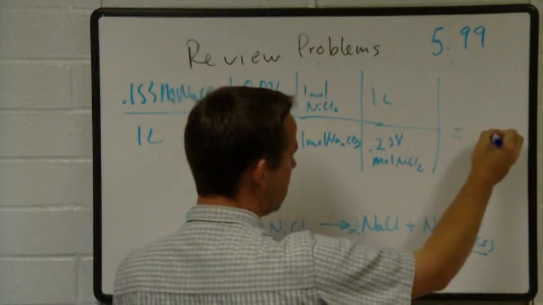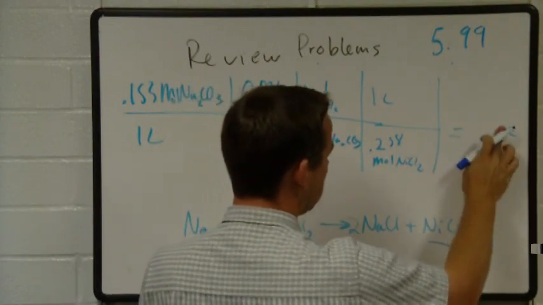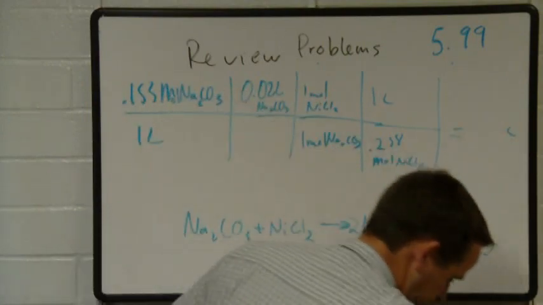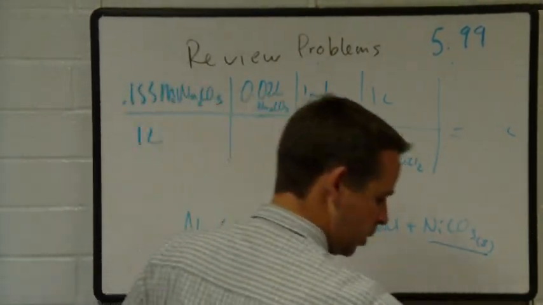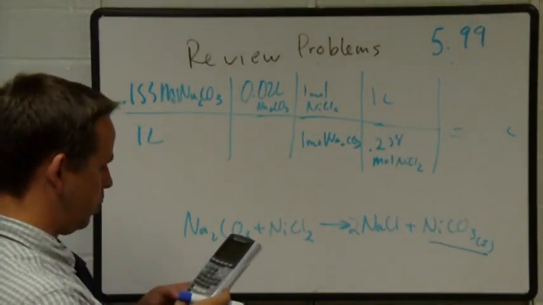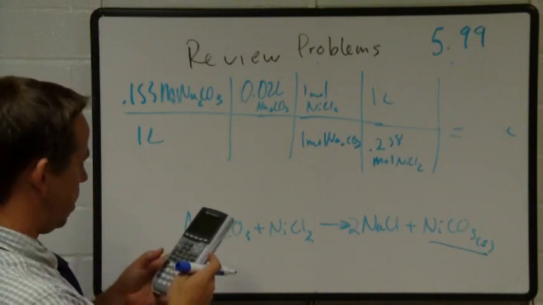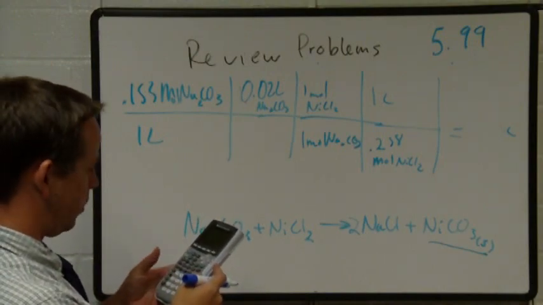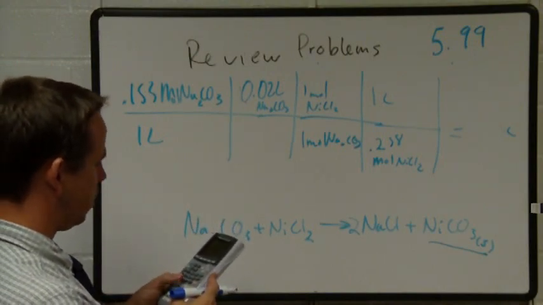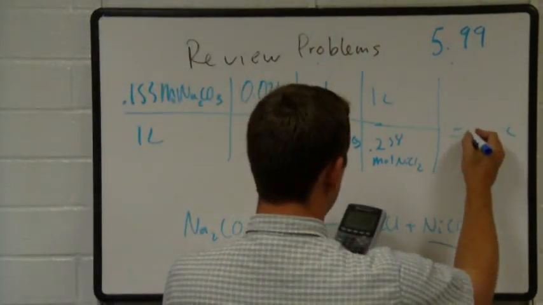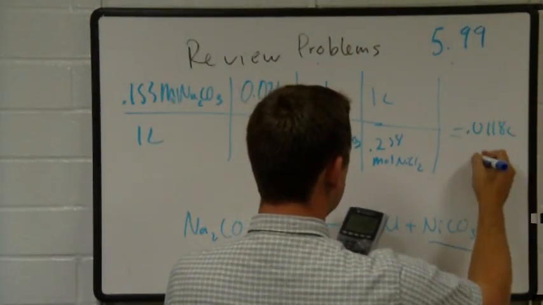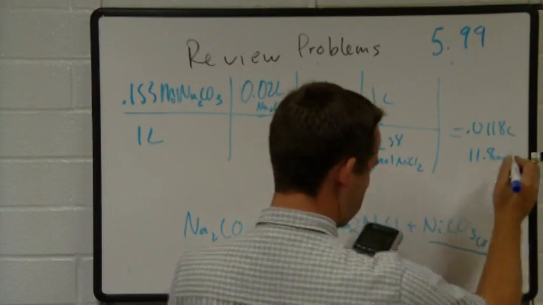So this will tell us how many liters right now of the nickel chloride solution we need. Okay? So we have then 0.153 times 0.02 divided by 0.258. And that looks like 0.0118 liters, or 11.8 milliliters. Okay?